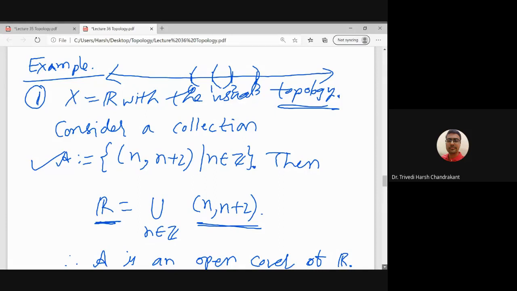To prove that a topological space is not compact with respect to a particular topology, it is enough to choose a particular open cover which does not have a finite subcover. So we have chosen this particular cover, and now we will show that if I take any finite sub-collection of this open cover, it will not cover the entire real line.